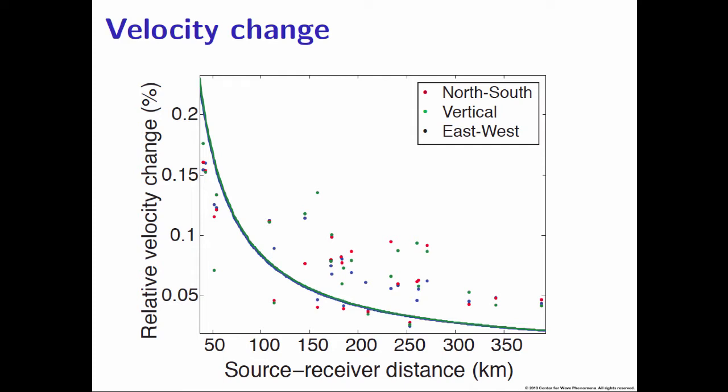And what they say is that the fit is done independently for all the different components, the two horizontal and the vertical components. And for all the different components, we get a similar fit for the spatial distribution of the estimated velocity change.